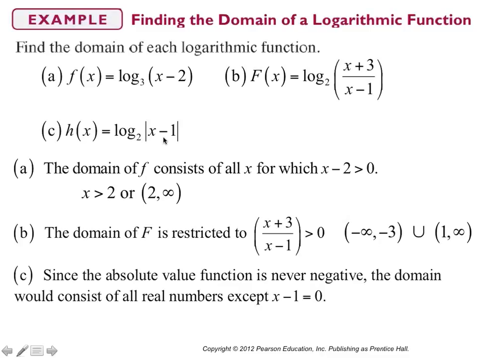We cannot have log of 0, so that is not going to work. So we're just going to have to exclude the number 1. So in interval notation, we're going to have an interval from negative infinity up to 1, and then a union symbol, and then 1 to infinity, but we never actually include the number 1. Because if we include 1, if we actually plug it in here, we're going to get 0, which is not allowed.